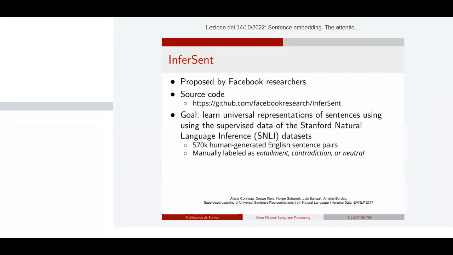And this approach is a universal representation of sentences based on a collection of annotated text called Stanford Natural Language Inference. And this is quite a large set of human-generated pairs of sentences written in English. So this means that it's not portable to languages other than English, unless redoing the annotation phase.